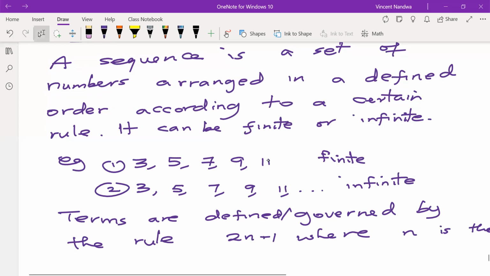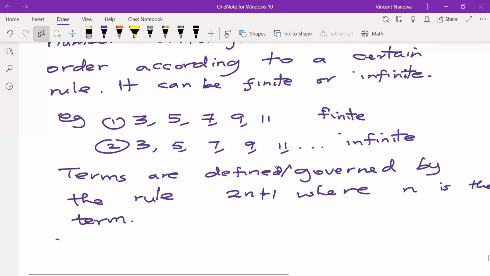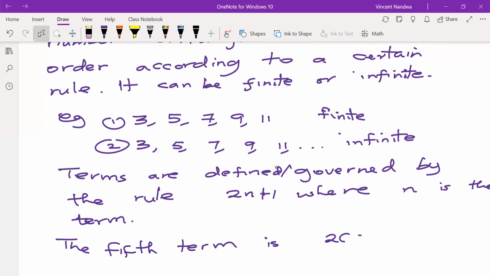So 2n plus 1, n is a term. So for example, the fifth term will be given by 2 times 5 plus 1, which is given by 11.